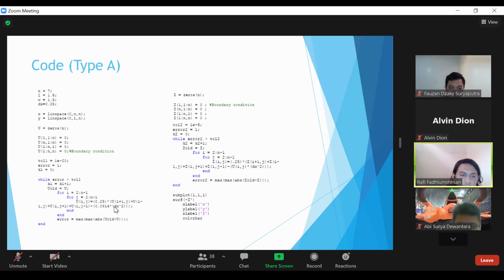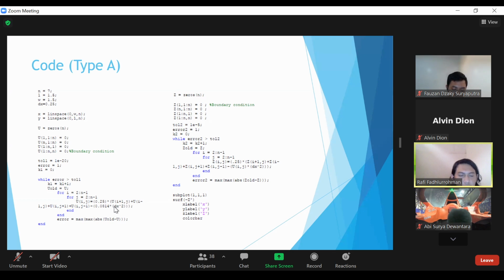Okay, for the iteration operation, we define that the operation will occur until the error is less than the tol. So when the error is still greater than the tol, the iteration will occur.